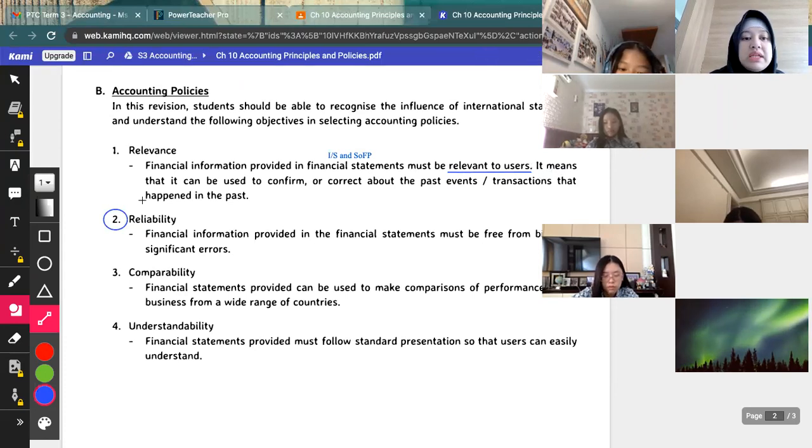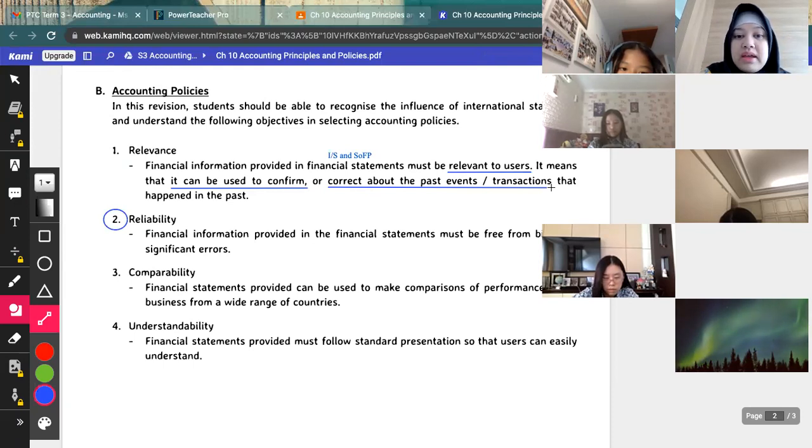It can be used to confirm or correct past events or transactions. Financial statements report on the past 1 year, so all information in the income statement and SOFP must be correct and can be confirmed, so that users can make business decisions based on it.